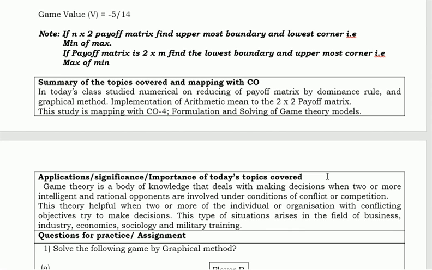So in today's class we studied the implementation of the dominance rule, reducing the matrix, where the reduced matrix is either 2 by m or n by 2. Further, you reduce that matrix to 2 by 2 by the graphical method, then implement the arithmetic method to determine optimum strategy values and game values.